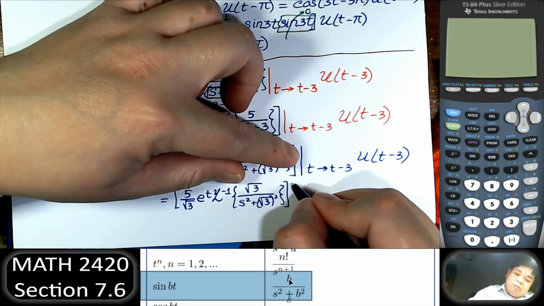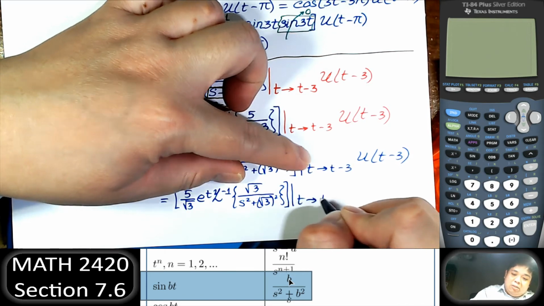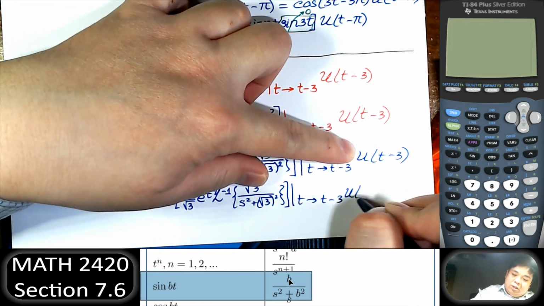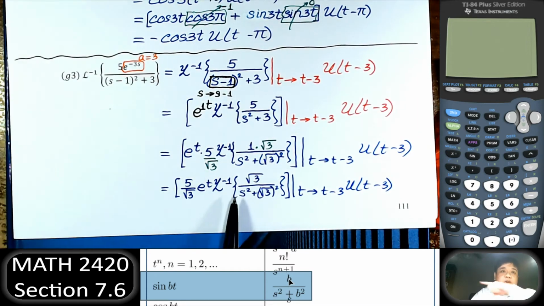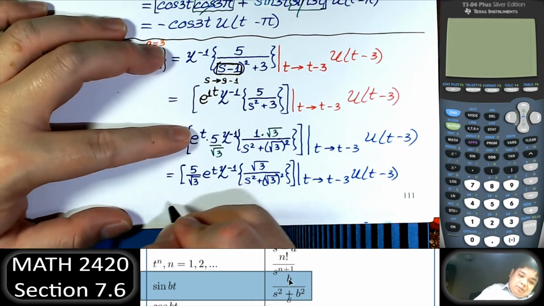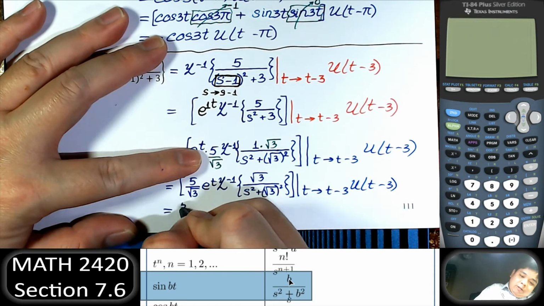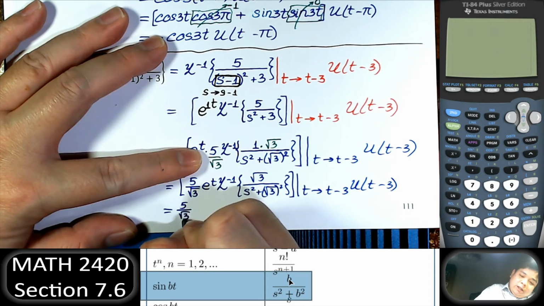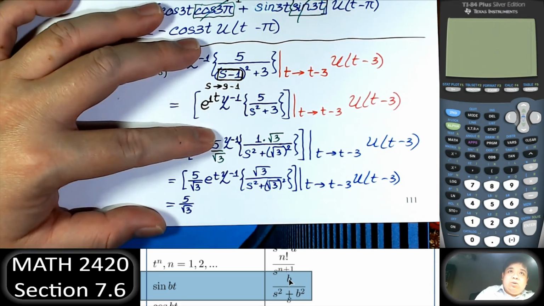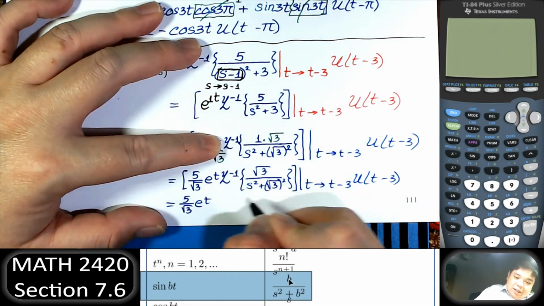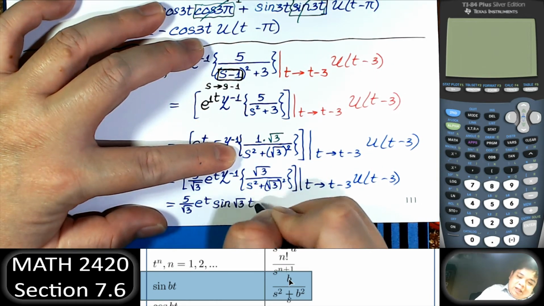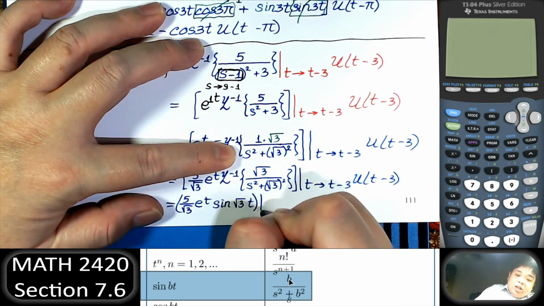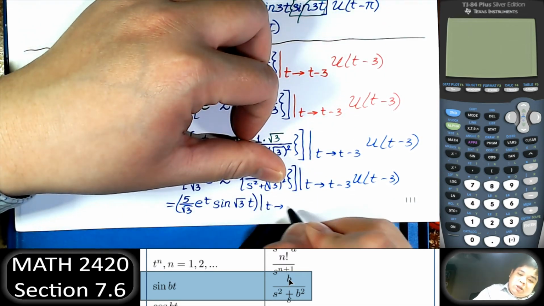When we do the transform, t is replaced by t minus 3 and then u of t minus 3. Now Laplace transform of that, use the formula will be 5 over square root of 3 e to the t sine square root of 3 times t, but need to replace t with t minus 3.